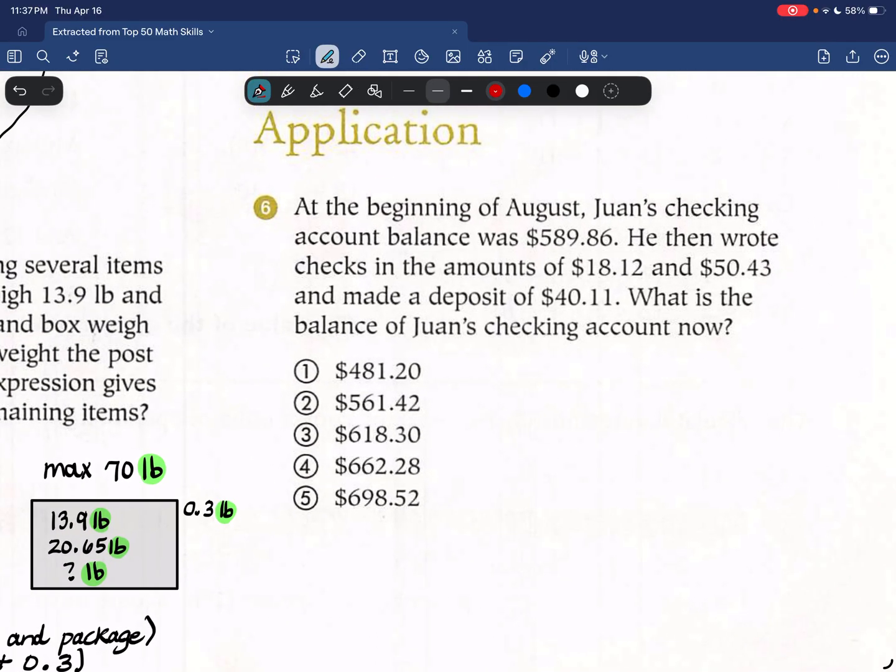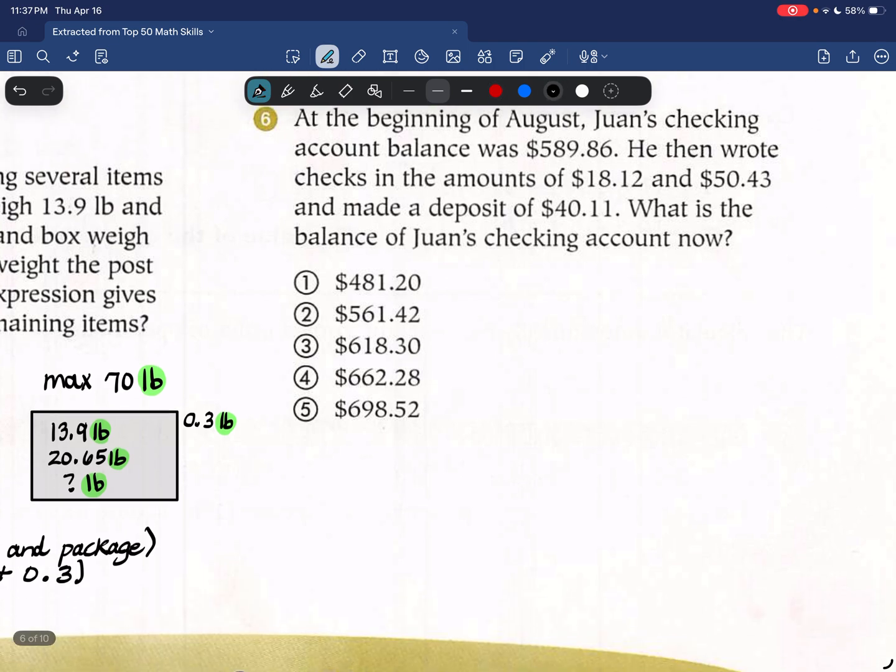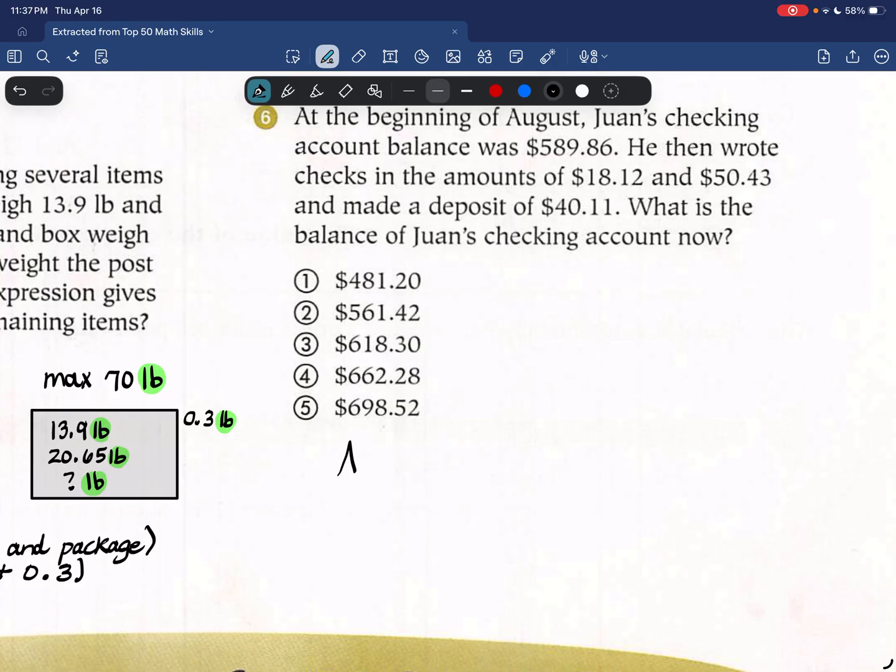And finally, number 6. At the beginning of August, Juan's checking account balance was $589.86. Then he wrote checks in the amounts of $18.12 and $50.43 and made a deposit of $40.11. What is the balance of Juan's checking account now? Again, I like to put it in my own words. So in August, he had some money, and then he wrote a check.